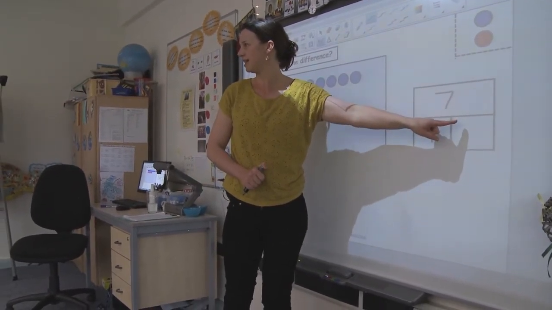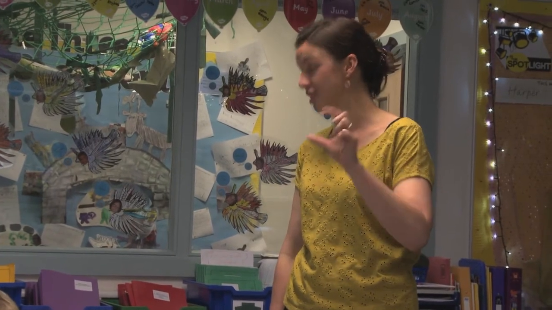If you knew that 4 and 3 would make 7, then you would know that it would be 3. That's right. What Ollie's said is that 3 add 4 equals 7. And we could use that addition fact to help us find the missing part, to help us find the difference.